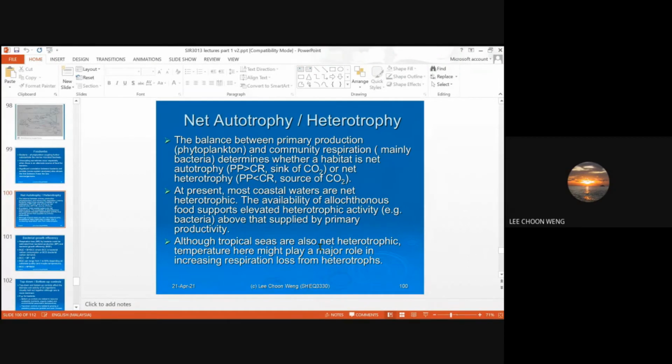So scientists are more and more concerned about the balance between autotrophy and heterotrophy, whether a place will emit CO2 or absorb CO2.